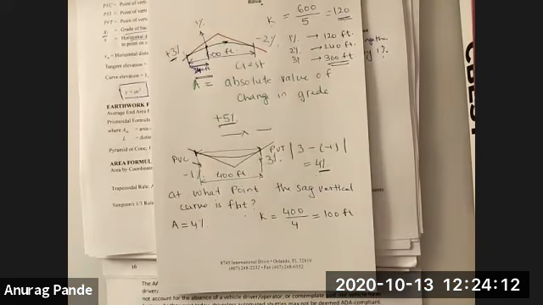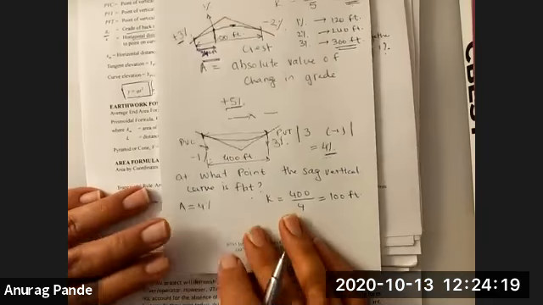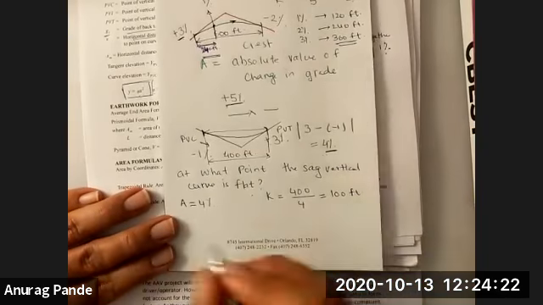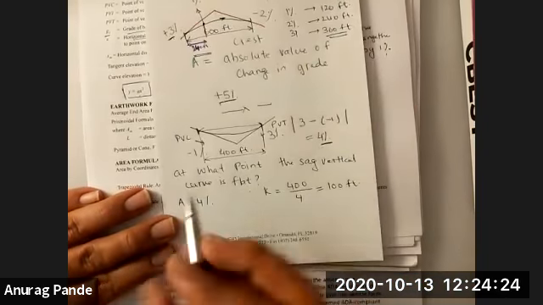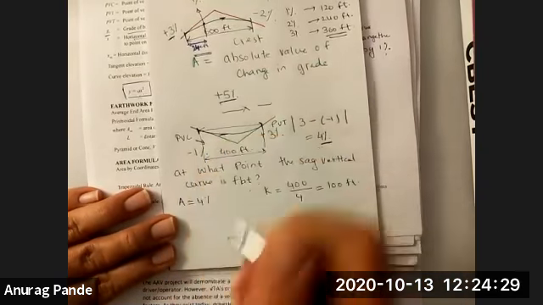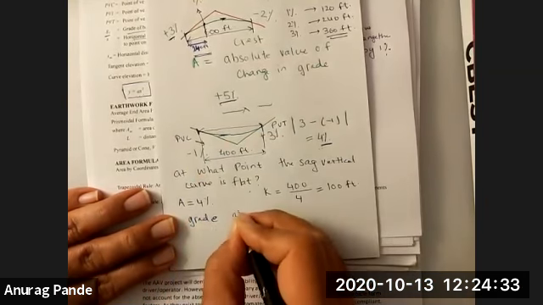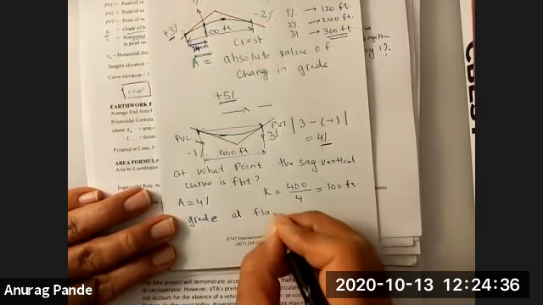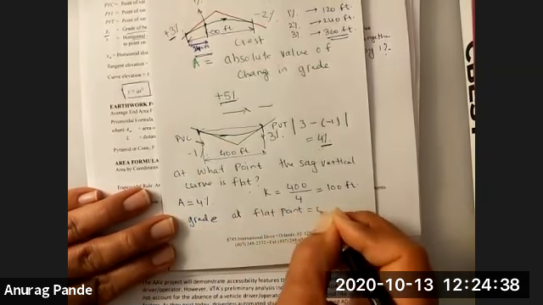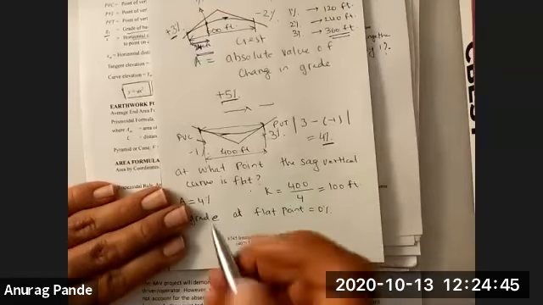What does that mean? That means to change the grade by 1%, you need to go 100 feet along the X direction. To go to the flat point of the curve, your grade at the flat point is 0%. That means you're changing the grade from -1% to 0%, so you're instituting a 1% change.